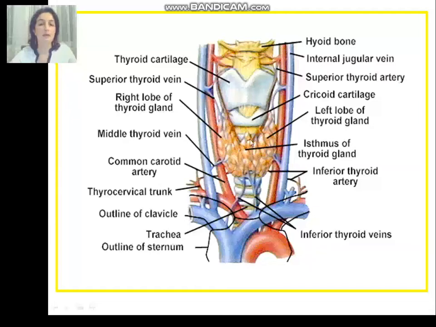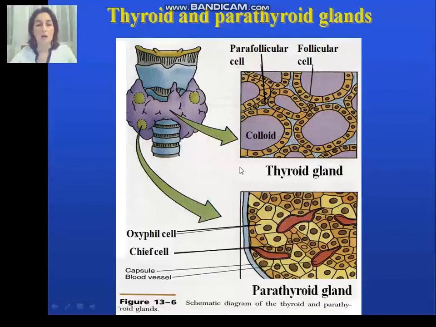That is a way by which the thyroid will descend toward its final location. Here we have this pyramidal lobe, that's isthmus, and also behind the thyroid we have parathyroid glands.